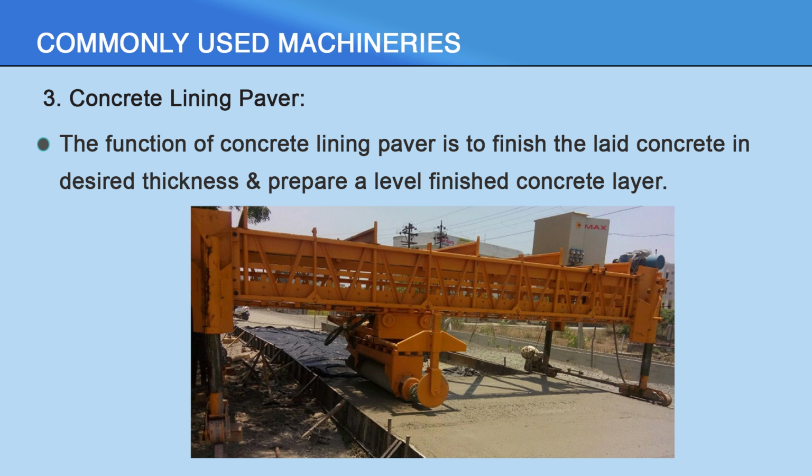concrete layer. It consists of a sturdy frame structure made from plates, pipes, and angles. It consists of two hydraulic power pack units. One is at fixed console from where the operator operates the machine, and another is traveling unit, that is undercarriage.